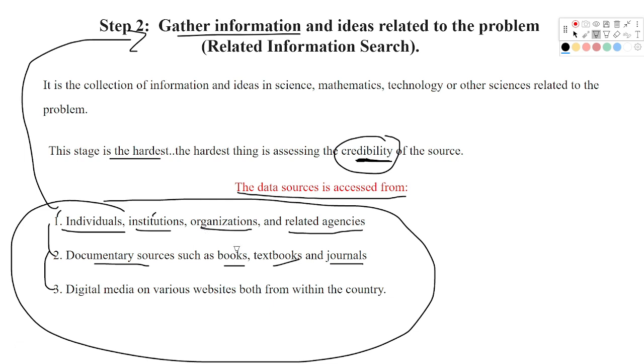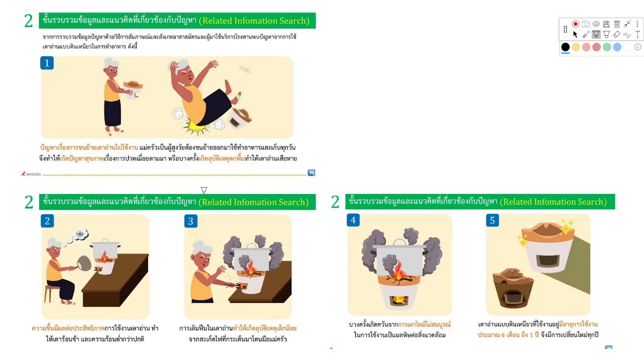You base the information on the science behind it, the mathematics, the technology, and any other science related to the problem. You can look at this diagram, and try to read it in Thai so that you can understand in more detail.